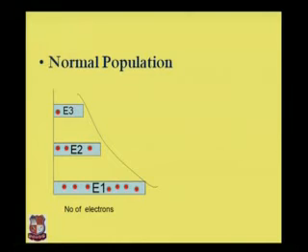Here E1, E2, E3, three levels are shown, and the red dots are the electrons. You can see that you have more electrons in the E1 state. As you go to E2, the number of electrons decreases. Then in E3 it is less. So as you go from the ground state to the excited state, the number of electrons decreases. That is a normal population.